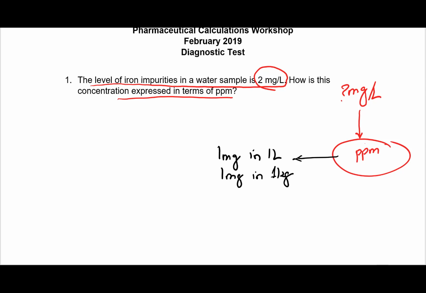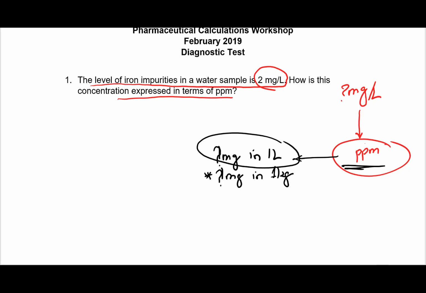The second one is not applicable here, but this one is applicable because we are dealing with milligrams per liter. So for parts per million, we have to find out how many milligrams are present in 1 liter, or how many milligrams are present in 1 kg. That will be the ppm.